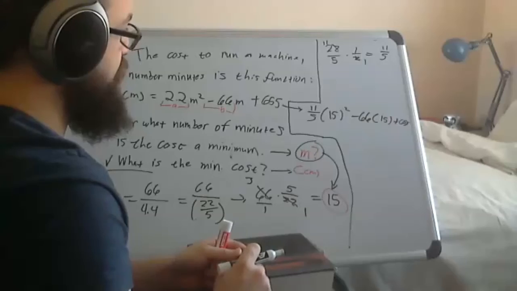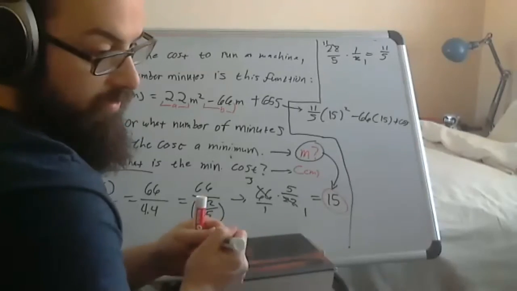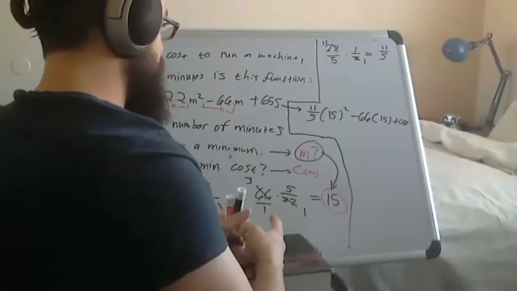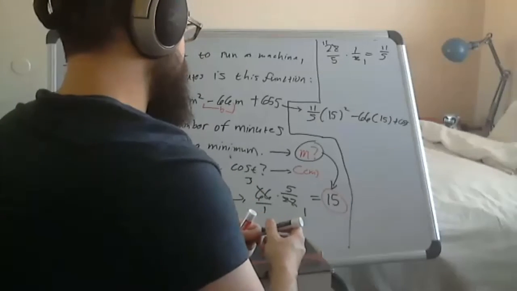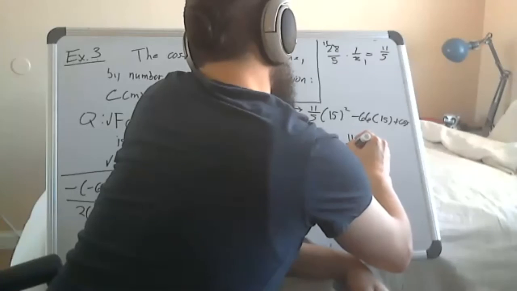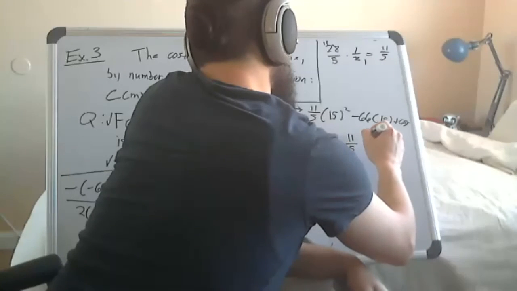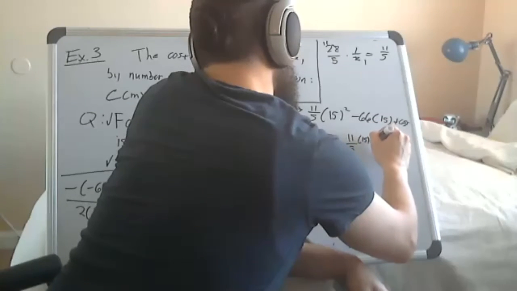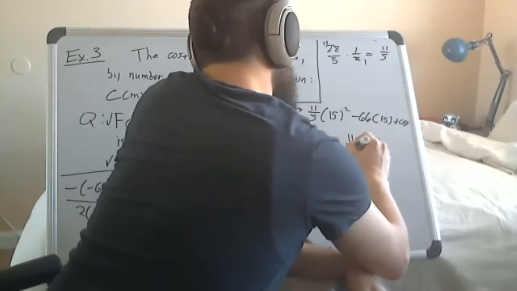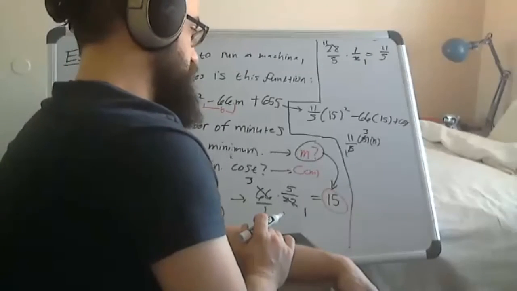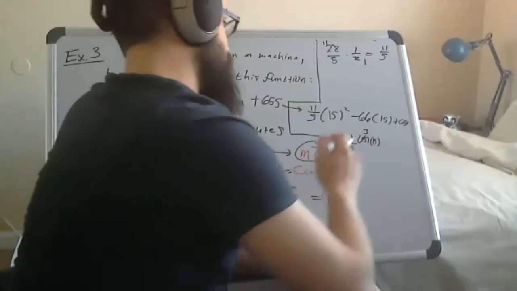Okay. Well, here we go. I'm going to try to do some heavy math in my head. So we have 11 over 5. This is 15 squared, which is 15 times 15. So this 5 cancels with one of these to give me a 3. Which doesn't help too much.